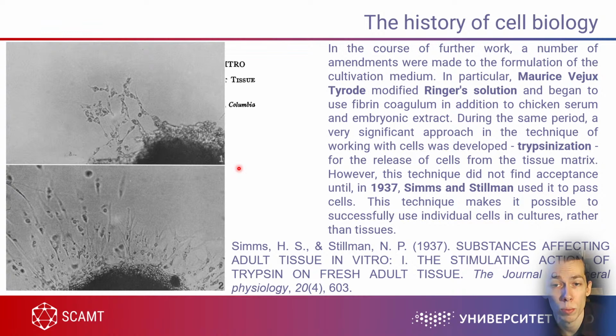And by the way, this is how it looked back in 1937, or 36. Just look at these pictures. They look almost the same as what we can obtain now in the lab. These pictures were obtained almost 100 years ago, and we are not so far in terms of the quality of pictures.